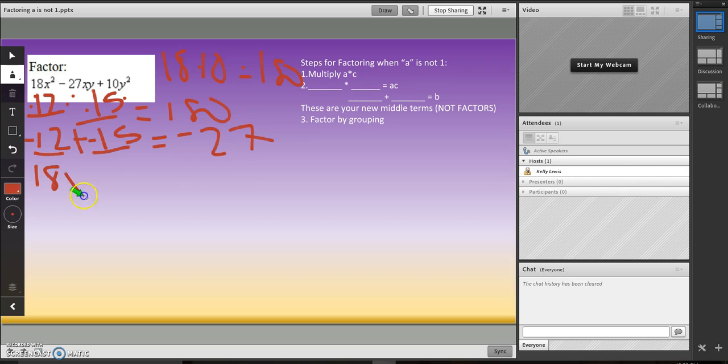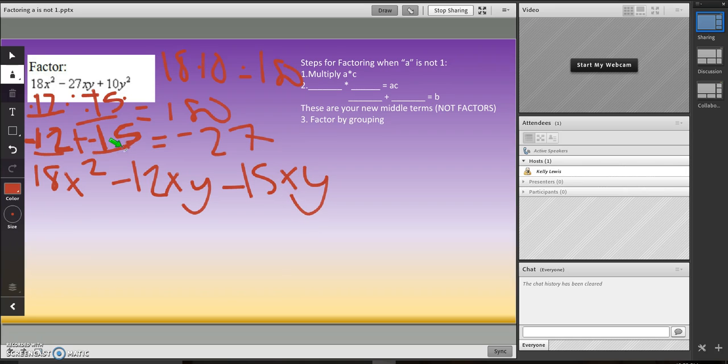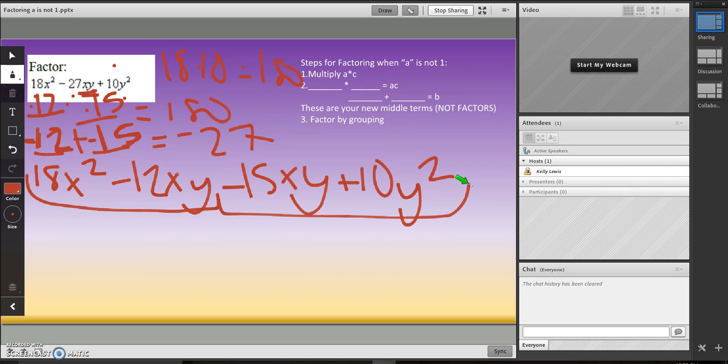Alright, so we have 18x squared minus 12xy, negative 12 right there, xy from right there, minus 15xy, minus 15 from right here, xy from right there, plus 10y squared right there. Split it into two groups. All right, and we can take out a 6x.